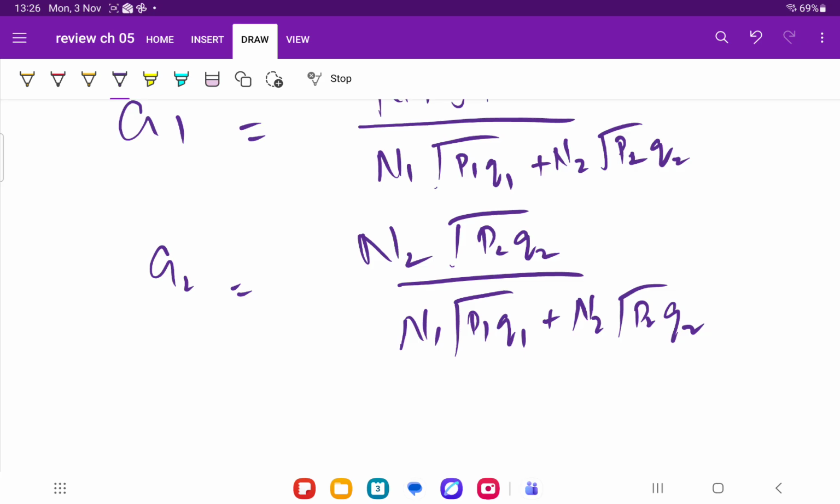So that is the allocation formula for both the mean and the proportion that we have seen already.